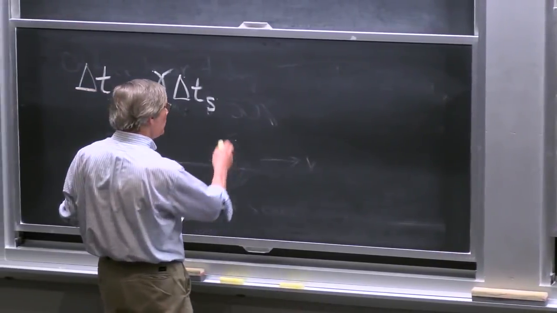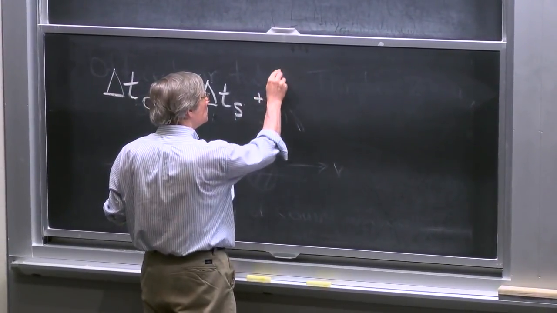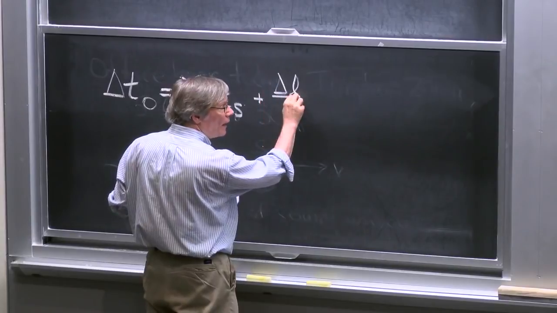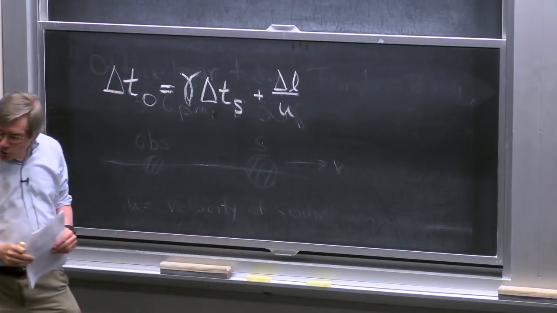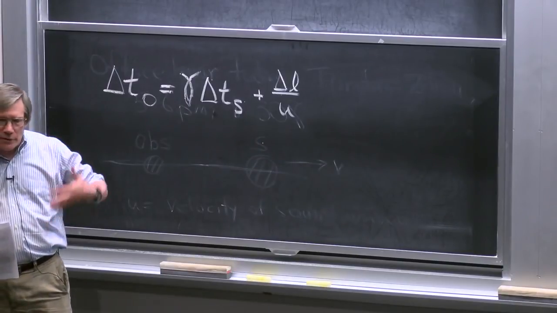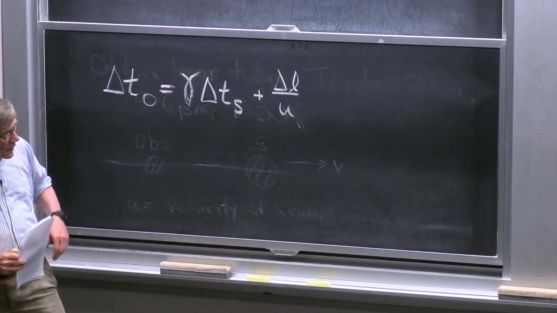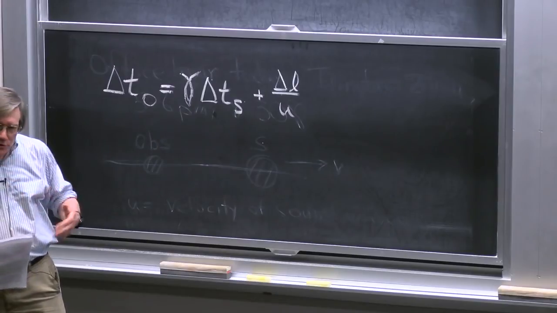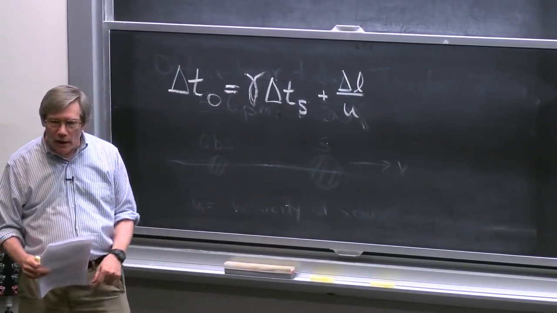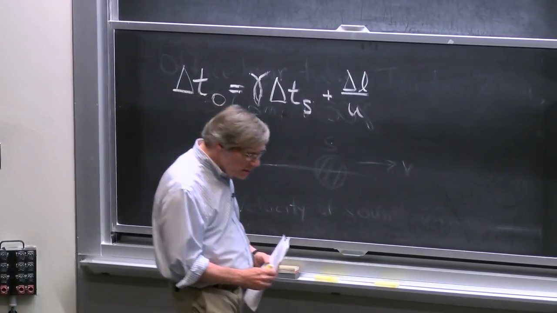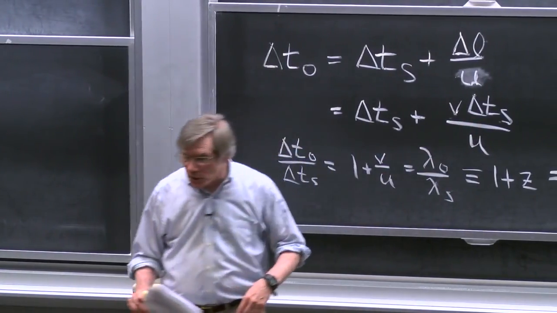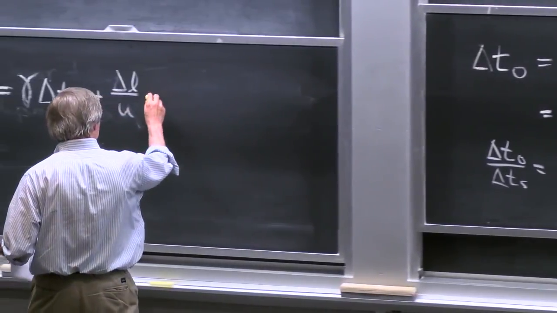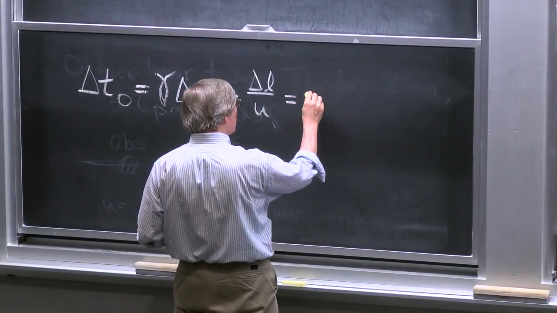And then the second term is still delta L divided by u, but the equation for delta L changes also, because delta L is the time interval that it takes for the light to travel the extra distance, where the extra distance was because of the time between the clicks, and that is now changed because of the time dilation of the source clock. So the second term also changes by a factor of gamma.